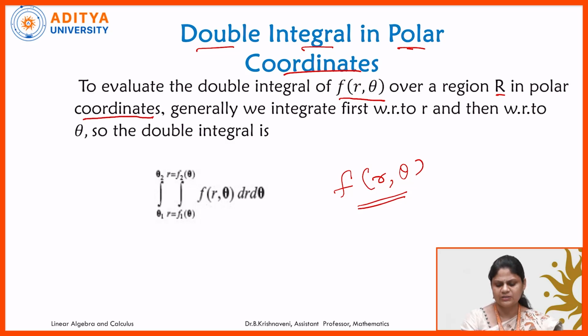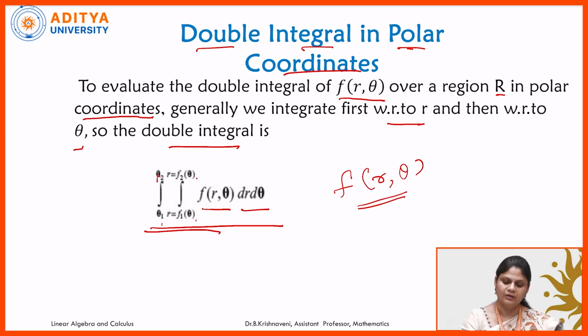Generally we integrate with respect to r first, then with respect to theta. So the double integral is given by the double integral, r equal to f1 theta to f2 theta, theta 1 to theta 2, f of r comma theta dr d theta. This is the notation which gives the double integration in polar coordinates.